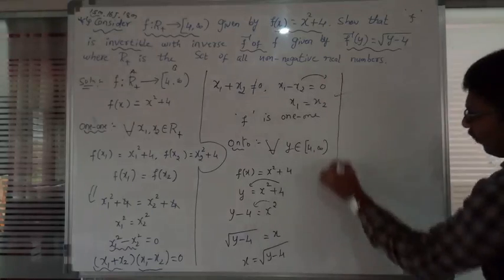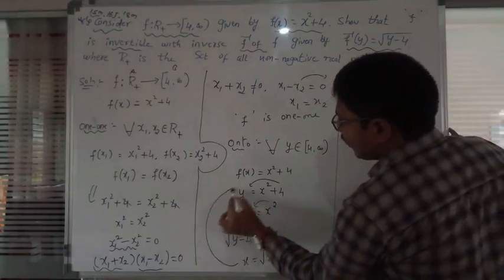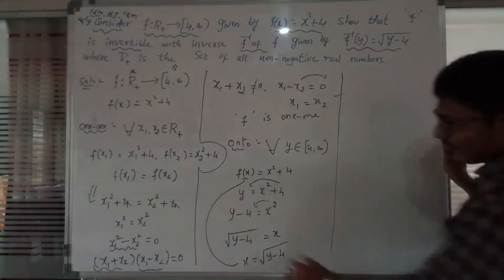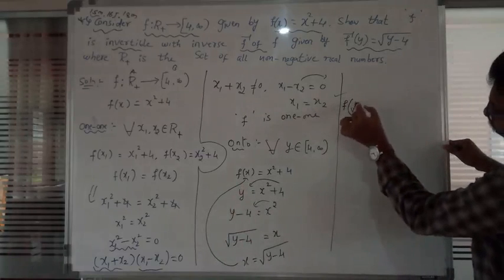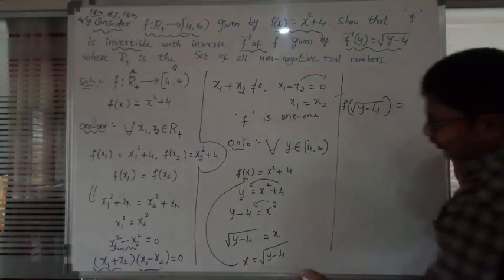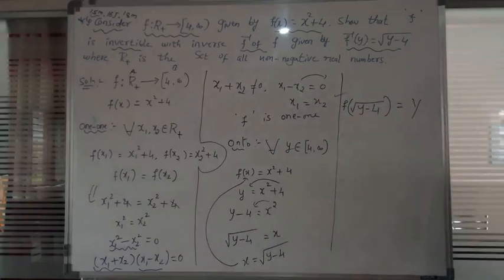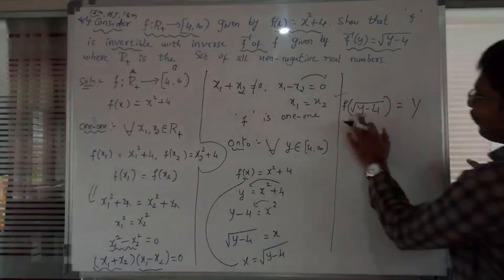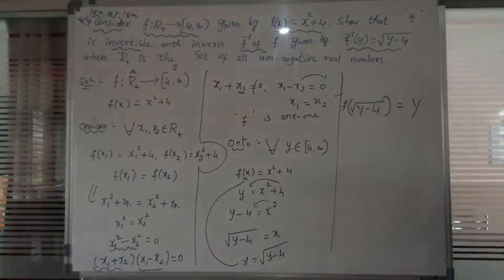Okay, now if this x is shifted in here, what happened? f of root of y minus 4, if we put it in the placement of x, gives again y.